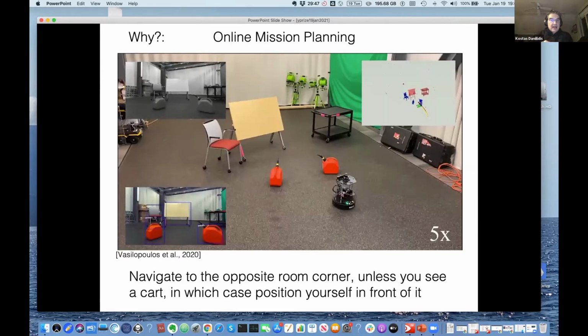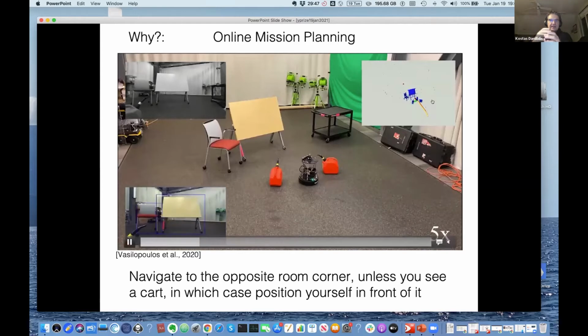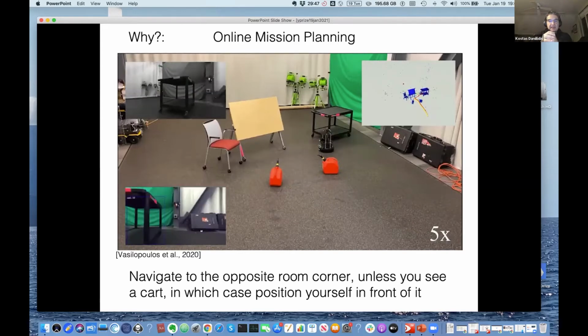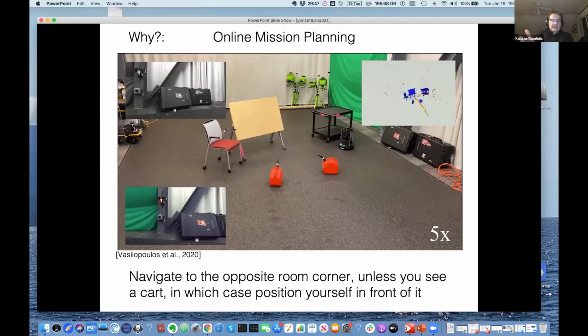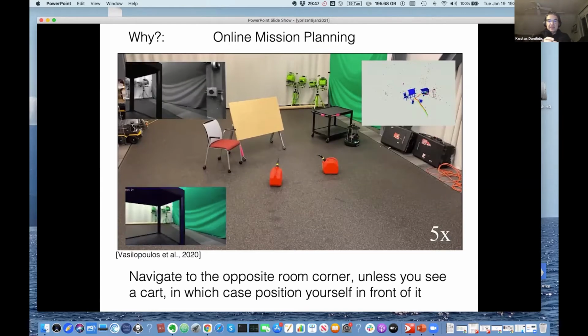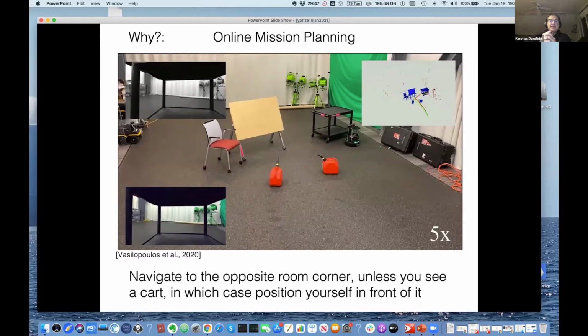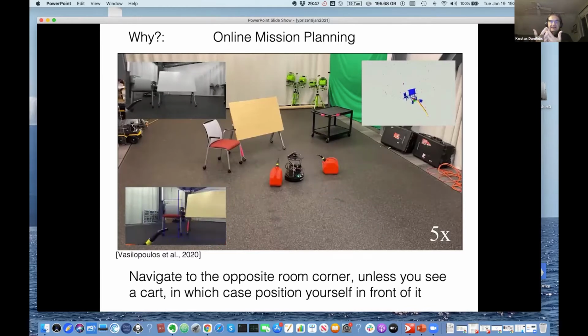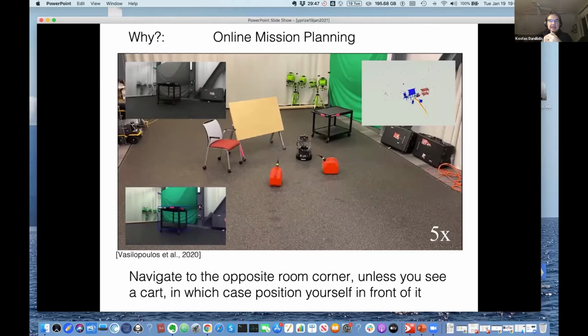And another use of it, in terms of not only communication, is that if you have a robot, you can give a direction like navigate to the opposite room corner unless you see a cart, in which case position yourself in front of it. And this is an example of what we call reactive navigation.